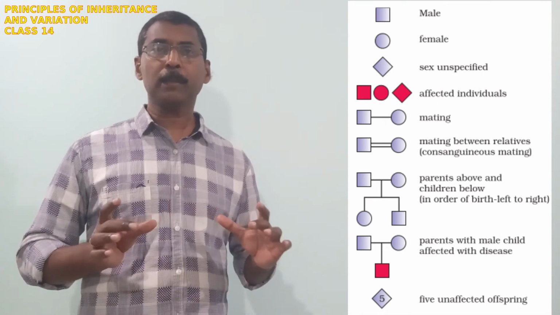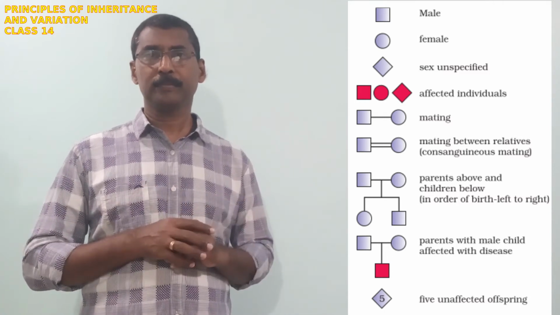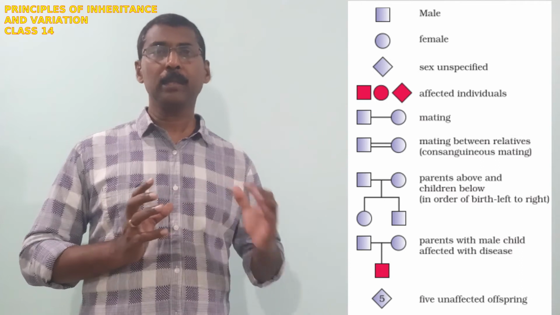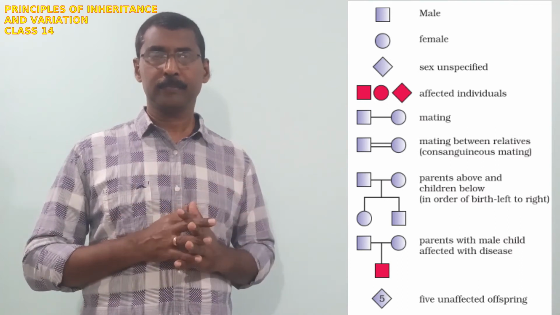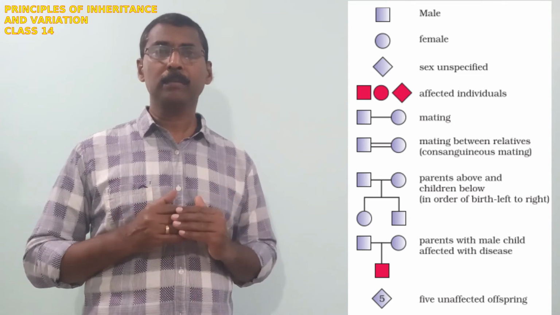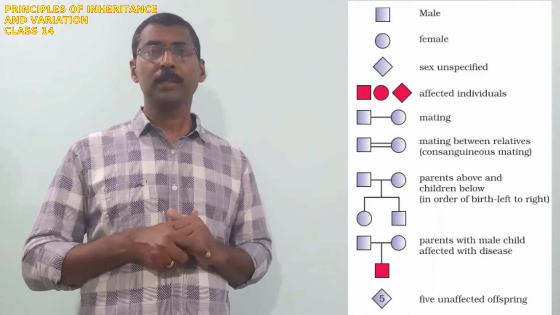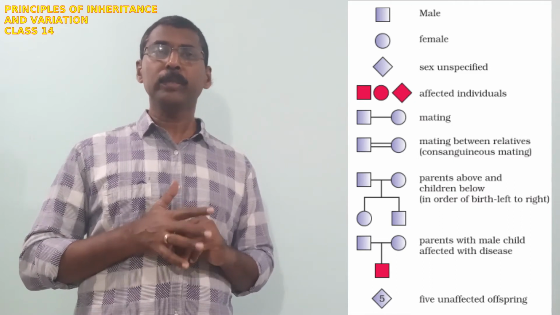A marriage is represented by a simple straight line connecting a male and a female. When a male and a female are connected by a double line, it shows a consanguineous marriage.